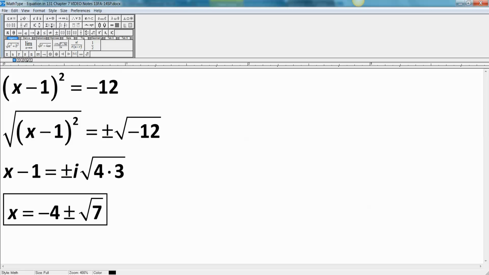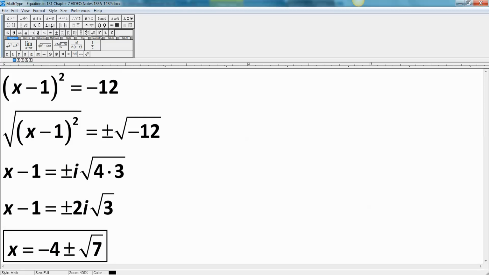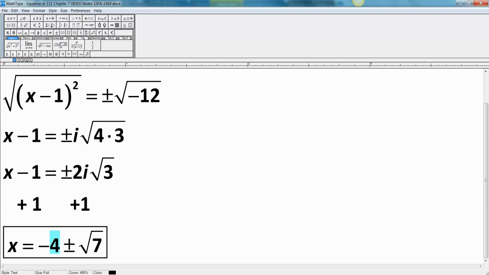So x minus 1 equals plus or minus 2i square root 3, because the square root of 4 is 2. And then we just add 1 to both sides. Those are not like terms, so you're just stuck. 1 plus or minus 2i square root 3 is your final result.